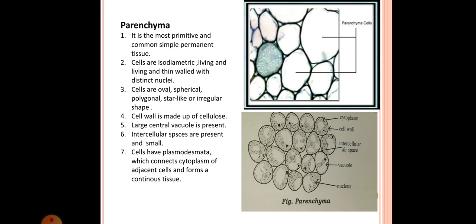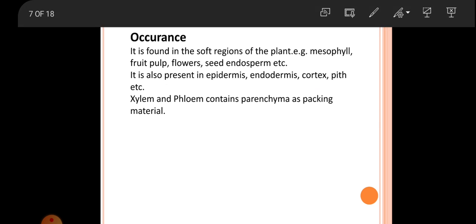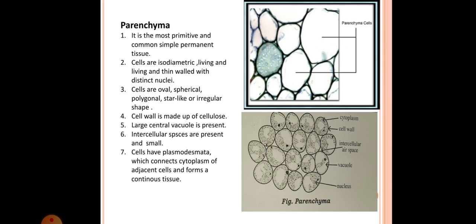Next, parenchyma. Here you can see the figure of parenchyma tissue, parenchyma cell. It is the most primitive and common simple permanent tissue. Cells are isodiametric, living and thin walled with distinct nuclei.